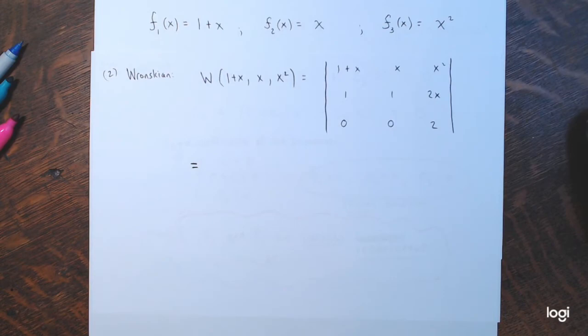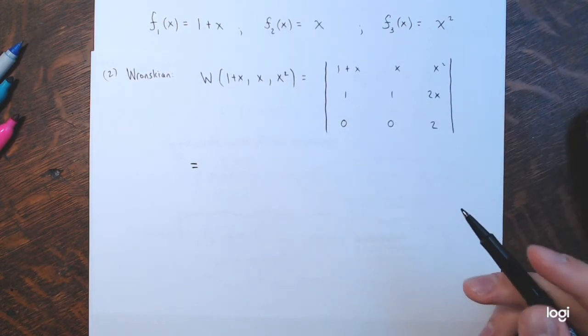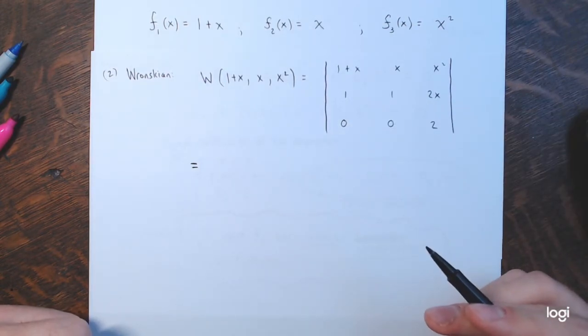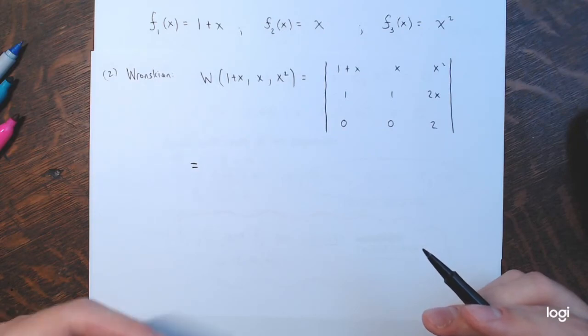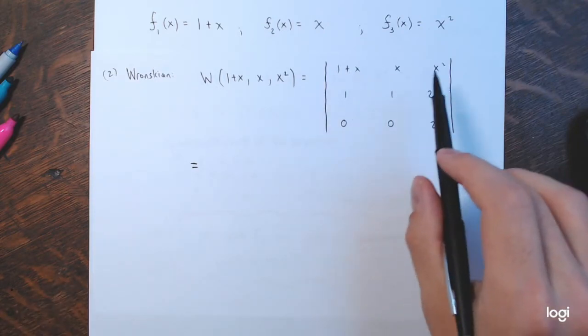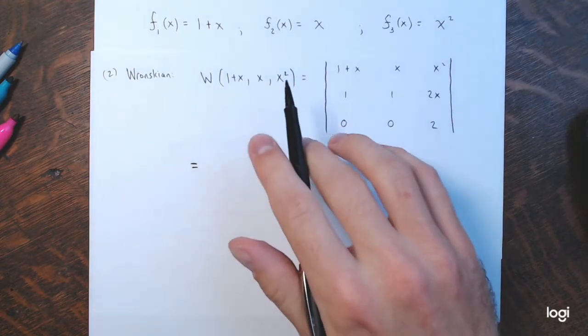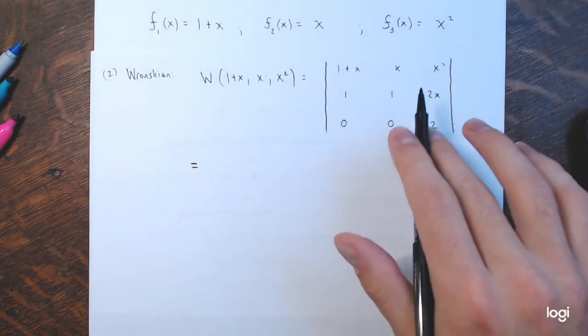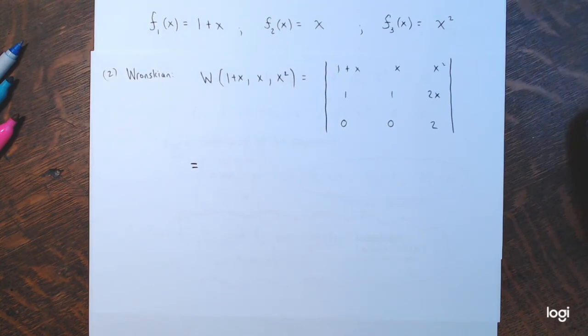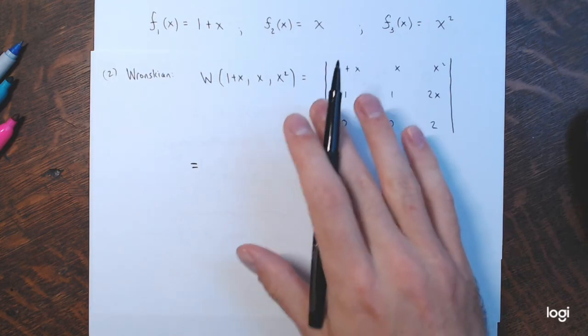So this is a case where I know that plugging in a value isn't going to help me. Now, if they're dependent, if you find one value that makes this determinant 0, you can plug it in and show that, and then you'll show that the functions are dependent on the interval. But independent's a little trickier because you've got to show that it's non-zero for every value of x, and that would be impossible to do because there's no way you can plug in infinitely many values. So I'm just going to keep these the way they are again.